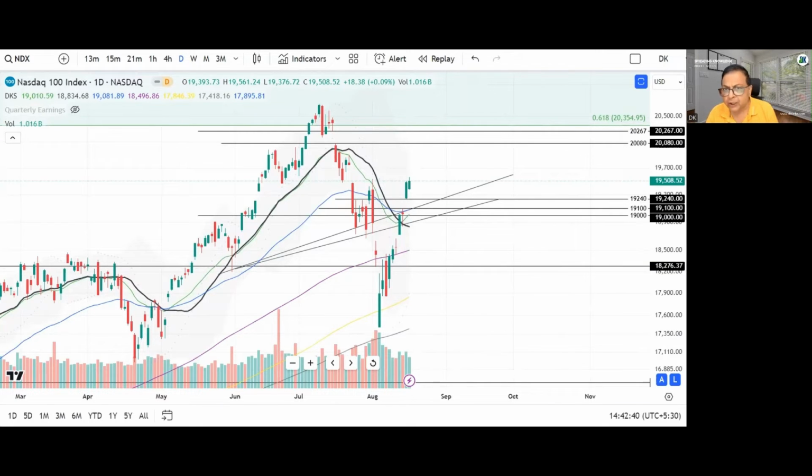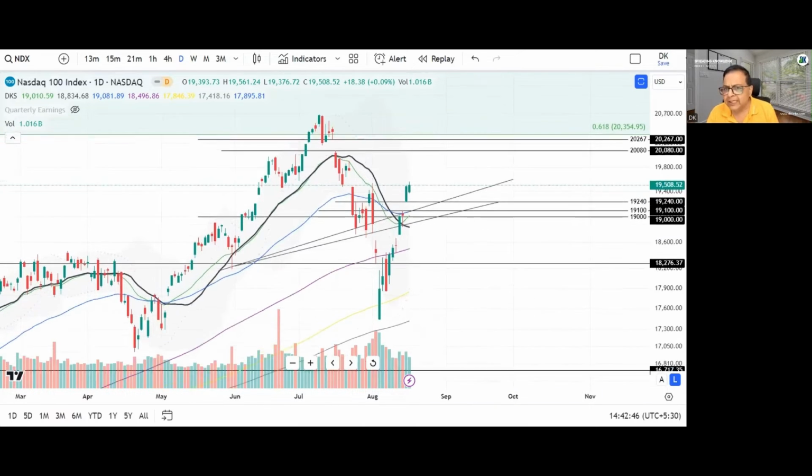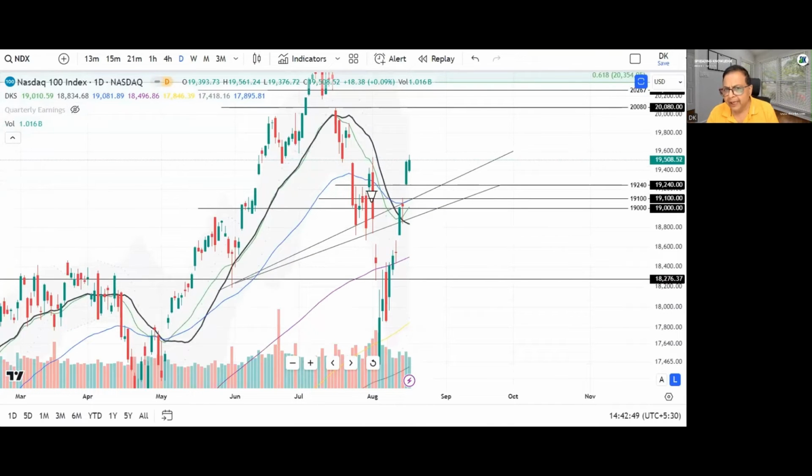That indicates strong momentum on the upside and bulls were in absolute control. So this gap area, where there is an intervention of EMA 21 and EMA 55 also, 19,000 to 19,100, is a good demand zone for Nasdaq 100.